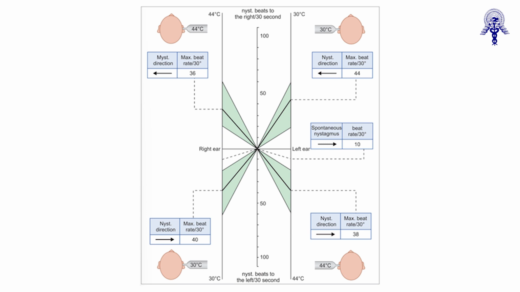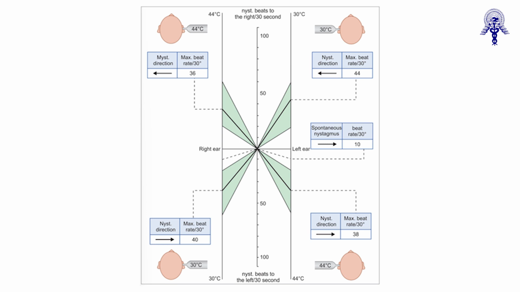And the response is remembered by the mnemonic COWS, cold opposite, warm same. What does that mean? If we put 44 degree centigrade warm water in right ear, the nystagmus will be right beating nystagmus.